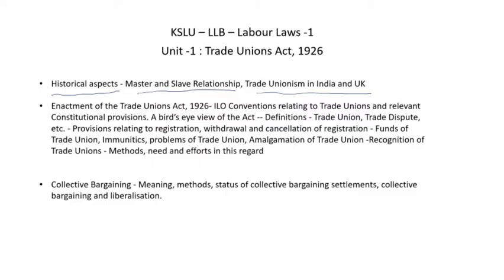Subsequently, we touch upon the Trade Union Act 1926 in detail, what it actually deals with, followed by key definitions like what is a trade union, what are trade disputes, etc. Then the funds related to trade unions, the recognition of trade unions, amalgamation of trade unions, and the problems of trade unions.